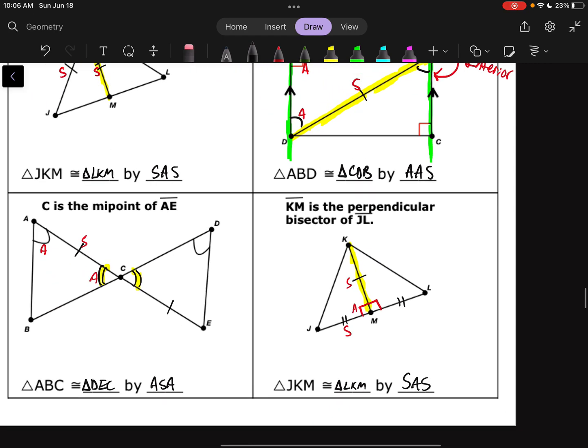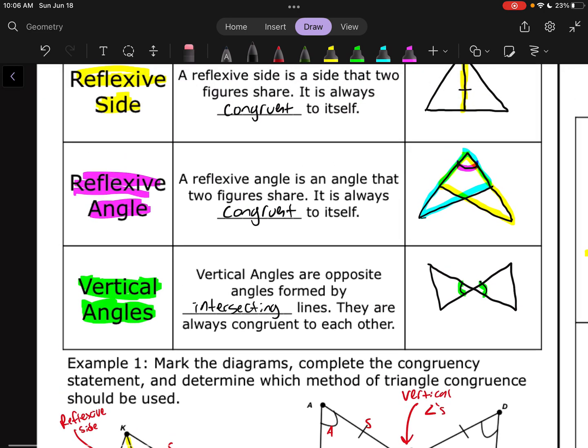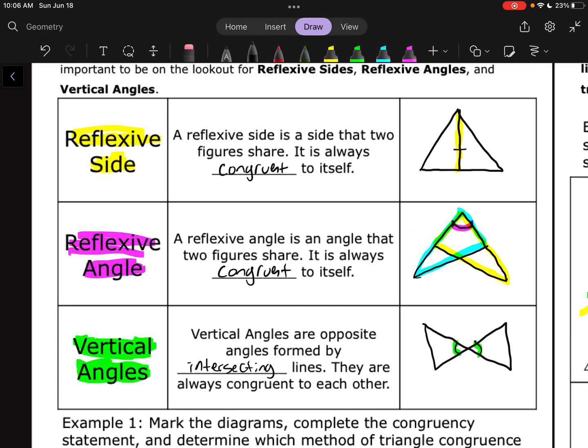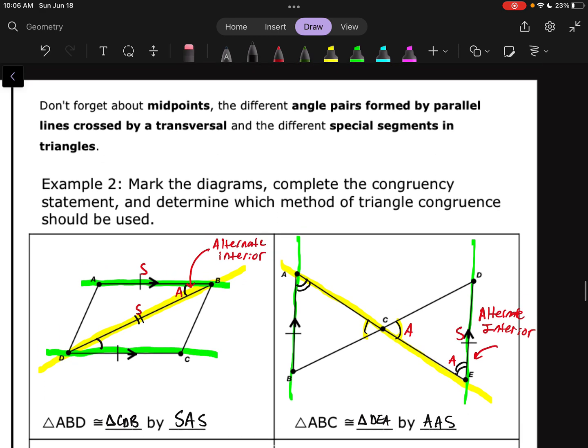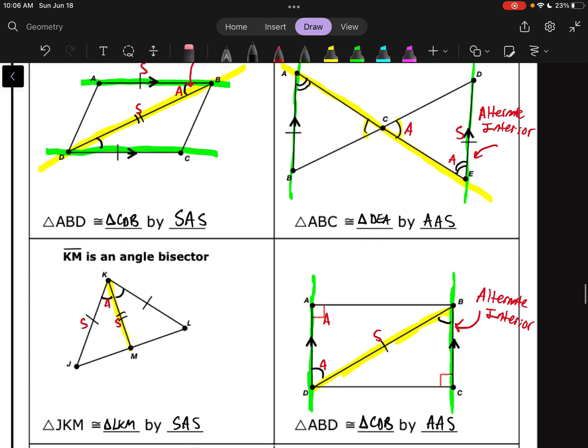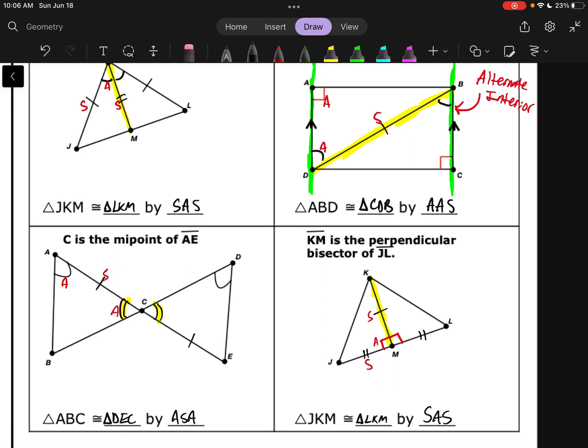Okay, now one important thing before you start trying some. These facts, the vertical angles and the reflexive sides, you get to use whenever. If they share a side, you get to mark it. If you see vertical angles, you get to mark it. The stuff we added over here, the alternate interior angles, the angle bisectors, the midpoints, the perpendicular bisectors, you only get to use if they tell you lines are parallel or if they tell you about a midpoint or a perpendicular bisector or anything.